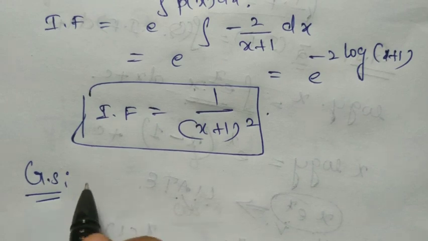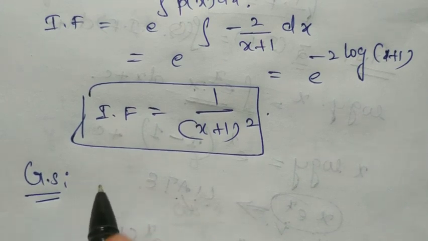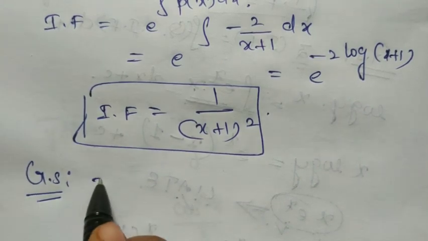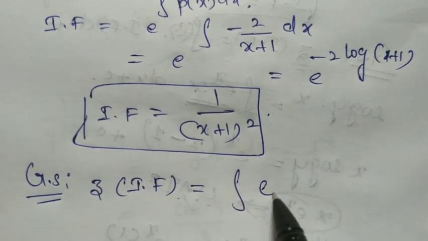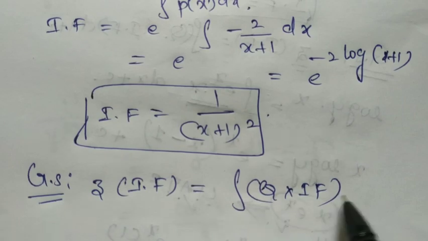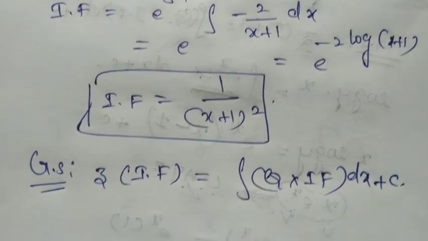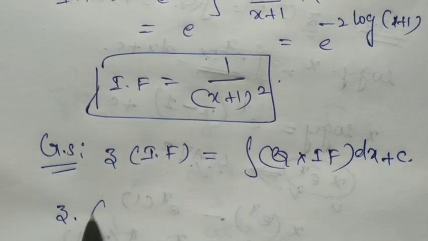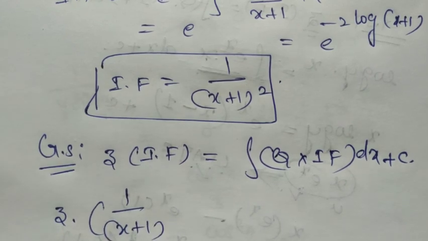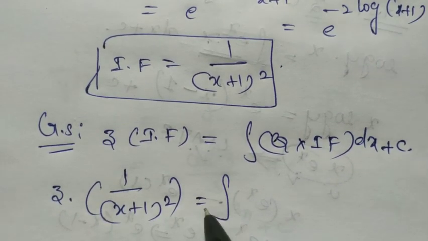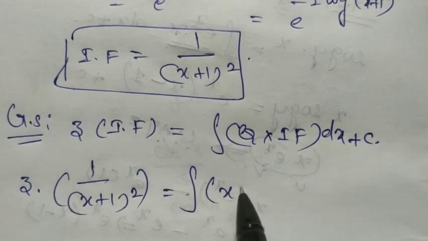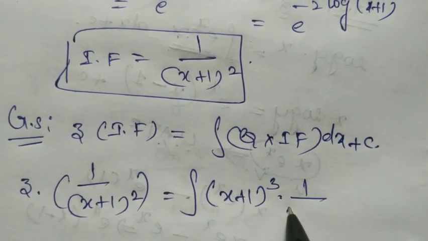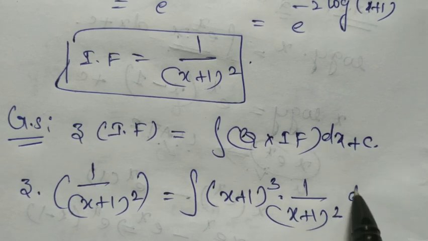So the general solution is z times the integrating factor equal to the integral of Q times the integrating factor dx plus c. So z times 1/(x+1)² equals the integral of Q, which is (x+1)³ times 1/(x+1)² dx, plus c.